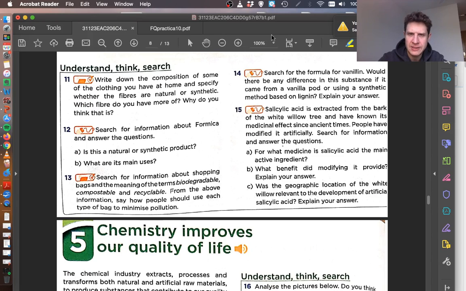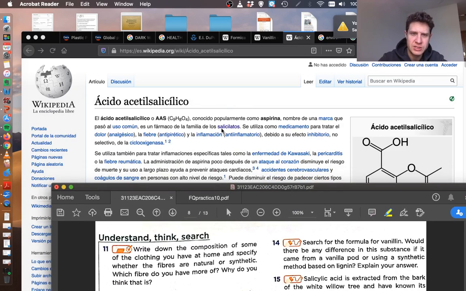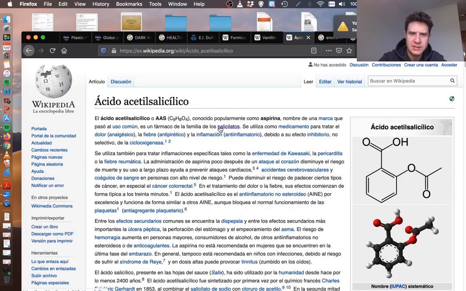So it comes from the original one, the salicylates of the bark of the tree of Salix, el sauce, and so it made the ácido acetil salicílico healthier for your stomach, because the original one gave your stomach problems on the inside, generating some kind of ulcers.